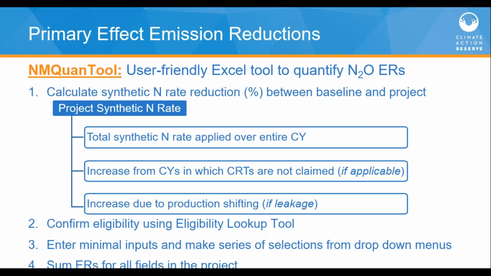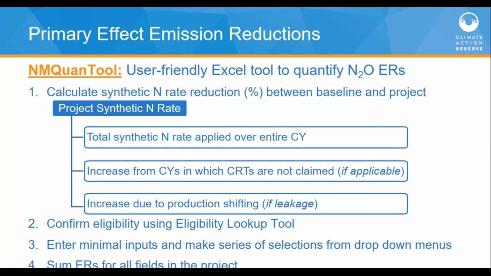So in this case, due to production shifting, for the possibility that N rate reduced in the project fields might be increased elsewhere to possibly increase crop yield or what have you somewhere else.